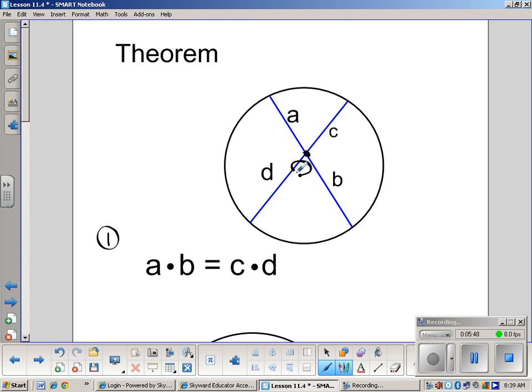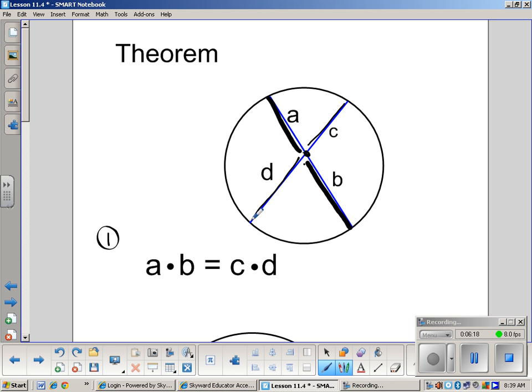This dot here is actually the center of the circle, and it's only there to make sure you understand the intersection doesn't have to occur at the center, even though this is getting a little bit close. It doesn't have to occur at the center, but this segment here times this segment here is going to equal this segment times this segment. That means that those segments are proportional to each other because of the circle and the intersection inside.